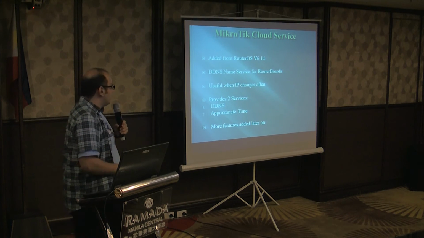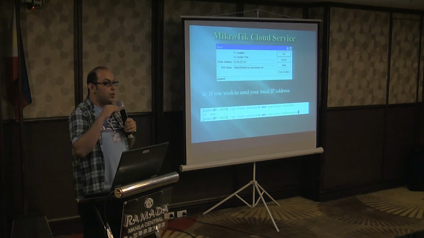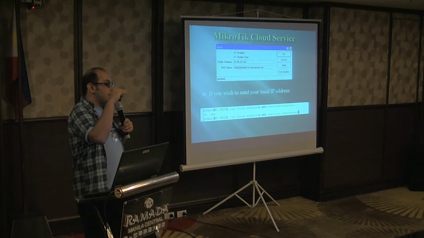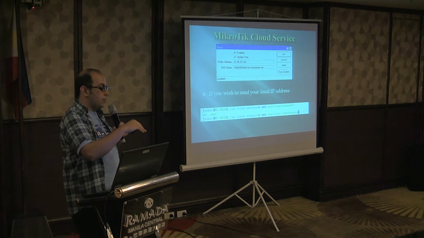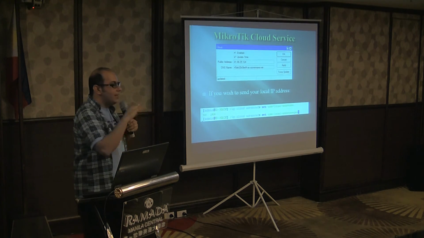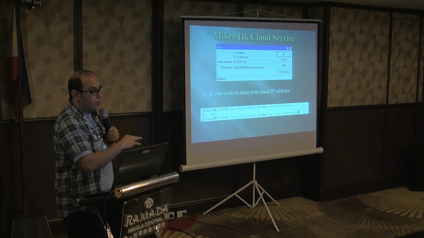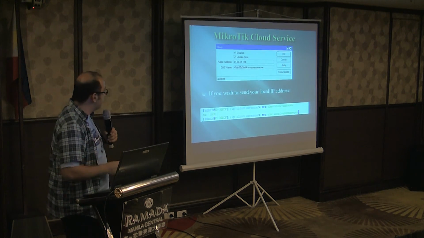But cloud service here means it can only work with the MikroTik dynamic DNS server, located in their own cloud. So with this service, you can only update the MikroTik DNS server, not the others. This is only suitable for MikroTik itself.